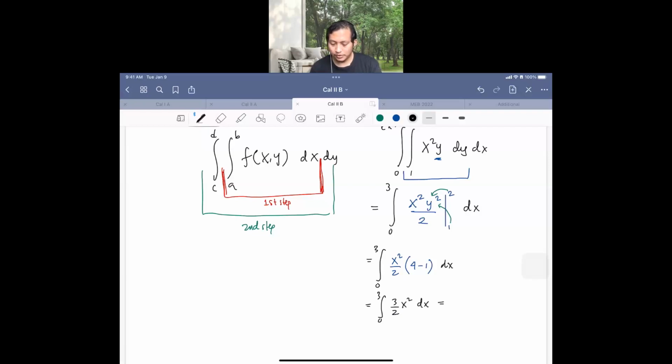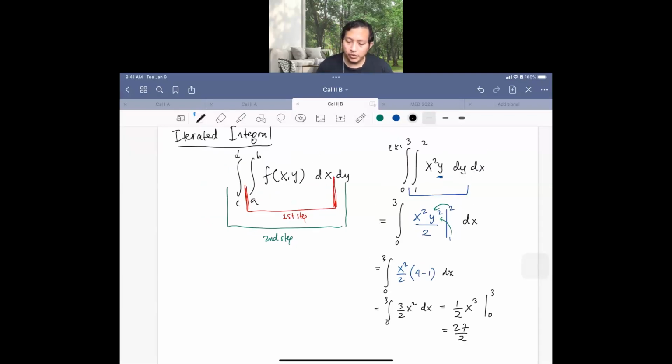And this is equal to half x cubed, and then plug in 0 to 3. We got 27 over 2. Okay.